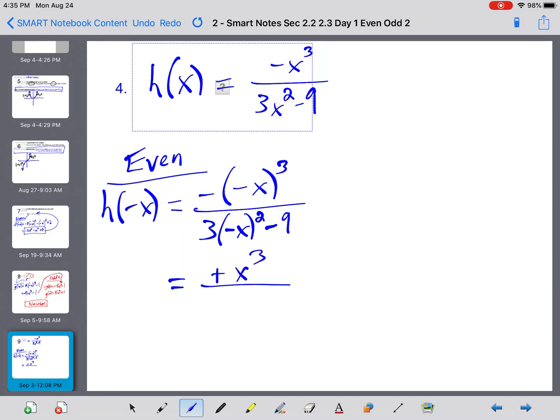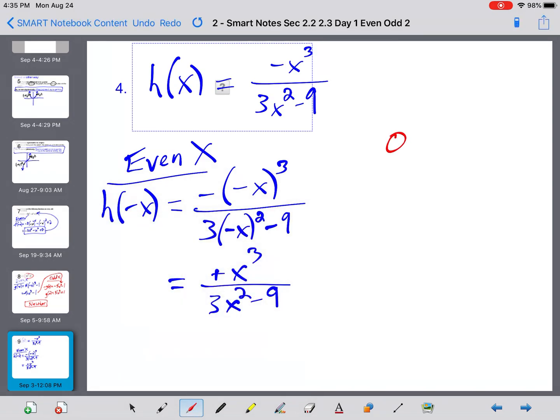That's going to make this positive out front. On the bottom, -x squared doesn't change anything. So this is going to be 3x squared minus 9. As you can see, if I compare that back to my original h of x, it is definitely not the same thing. So this is not even.